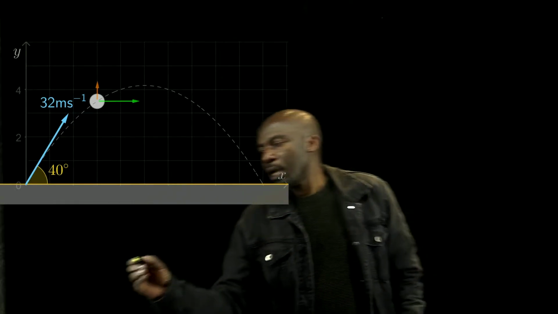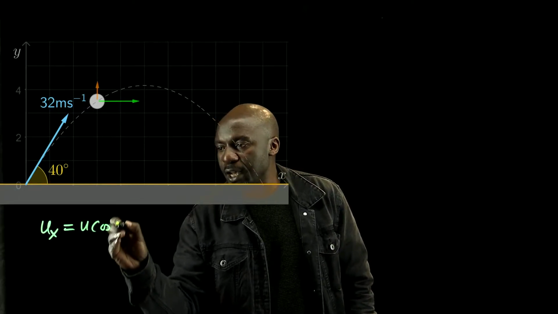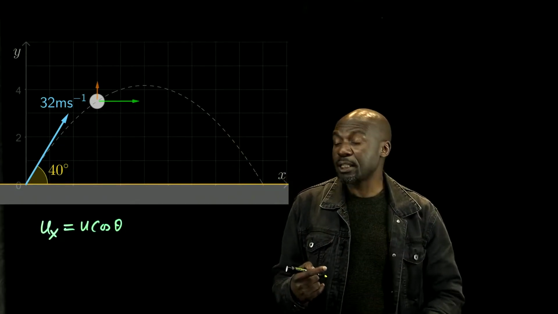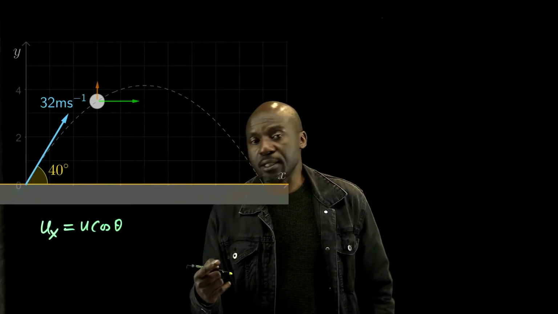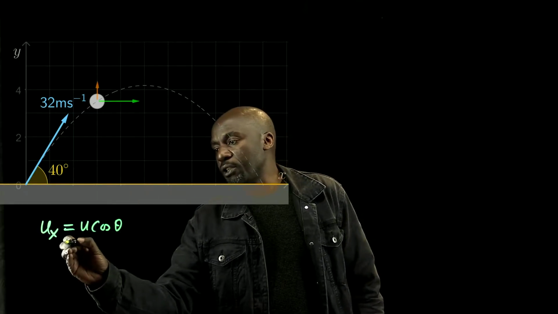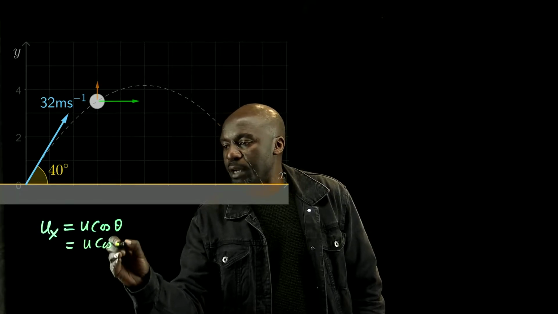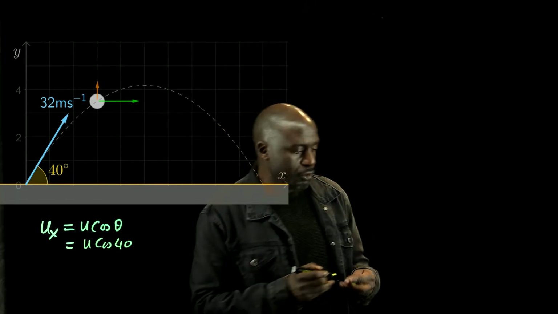So we are saying that ux is always given by u cosine of theta, and it remains the same throughout the flight of the object if there is no air resistance. In our case now we have 40 degrees, so this is going to be u multiplied by cosine of 40 degrees.